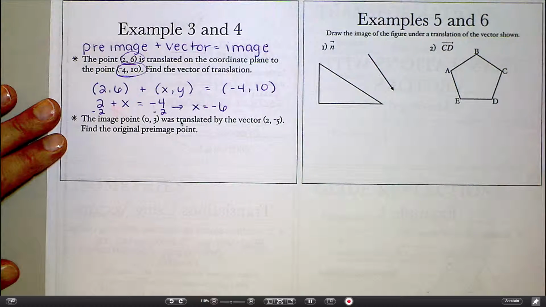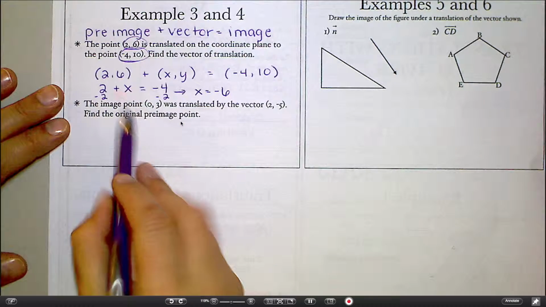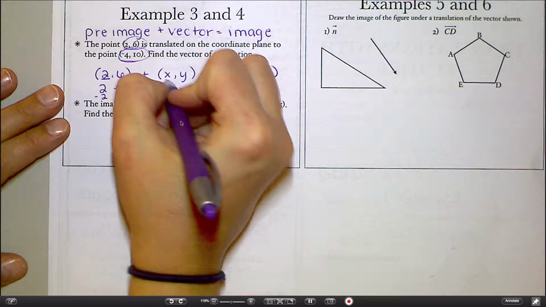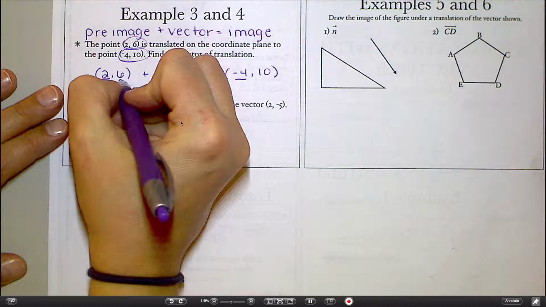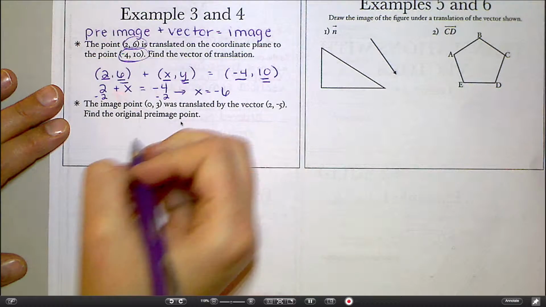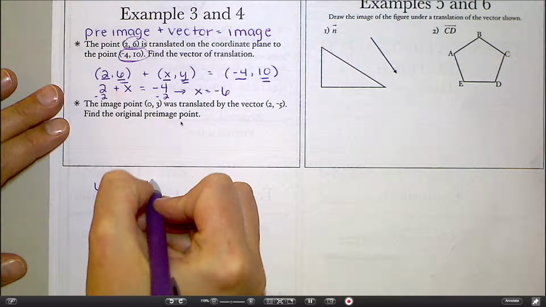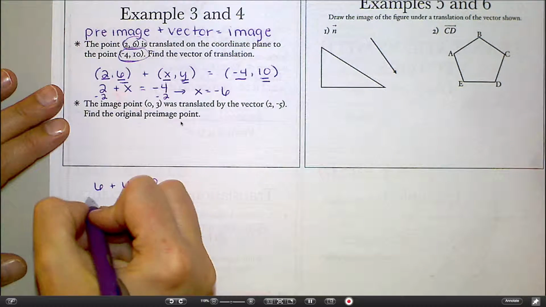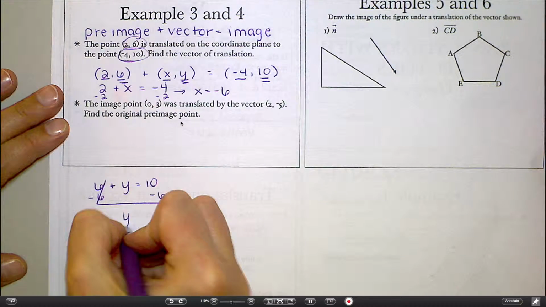I might need some more space for this, so I'm going to move down here. That was how I found my x: I said 2 plus x equals -4. Now I'm going to find my y. 6 plus y equals 10. Take the 6 away. y equals 4.